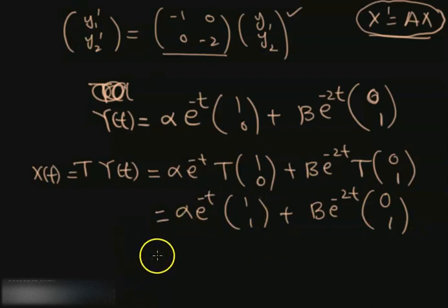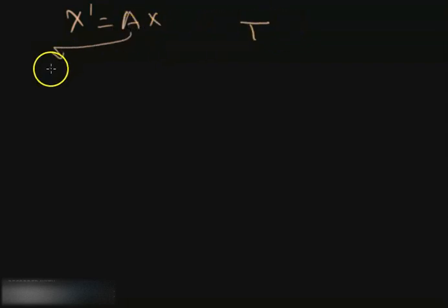So from this discussion the conclusion is, if we are given the system x prime equal to Ax, then we can define T where A has two distinct eigenvalues.